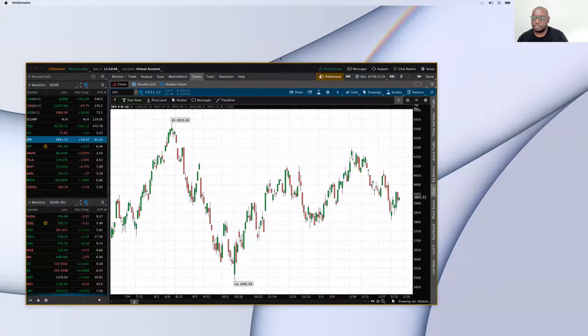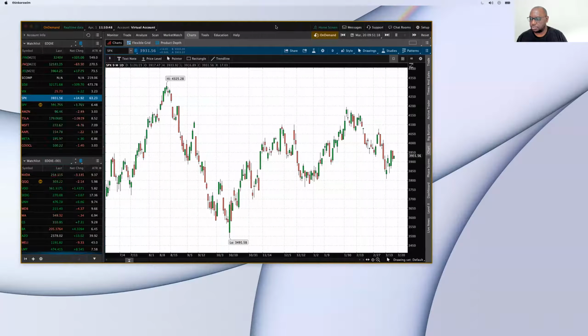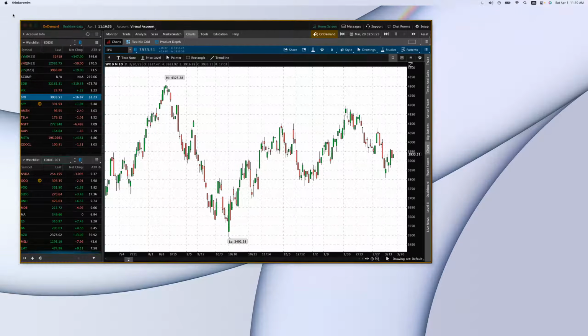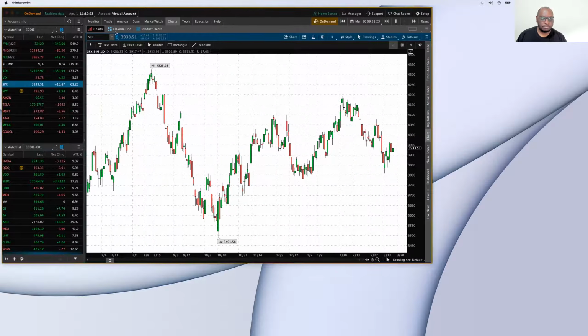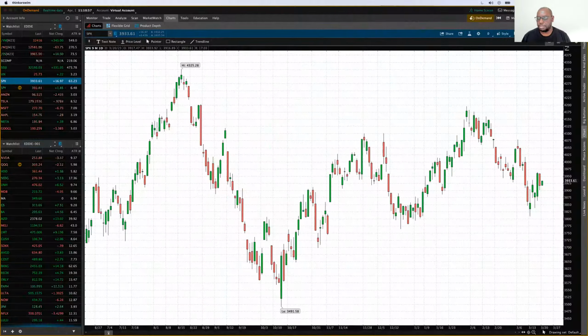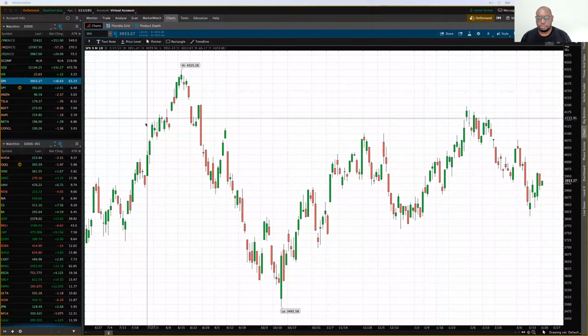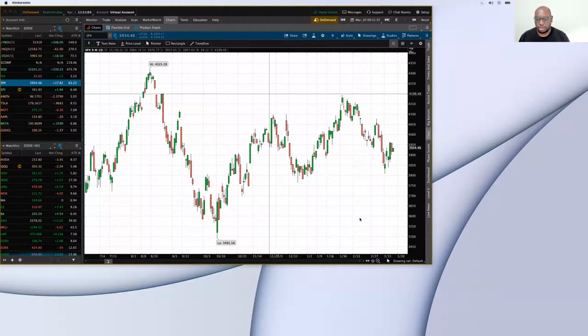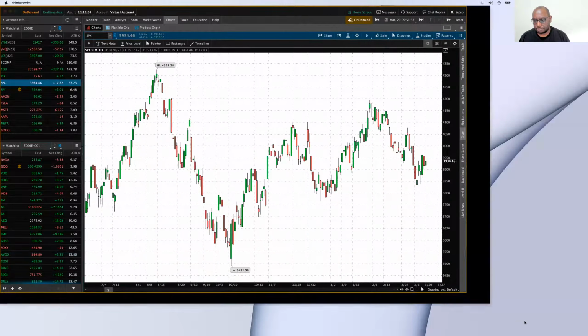I think you can see my screen. We see SPX. How about I make it full screen? Well, there's a reason I don't go full screen, so I will go instead like this.